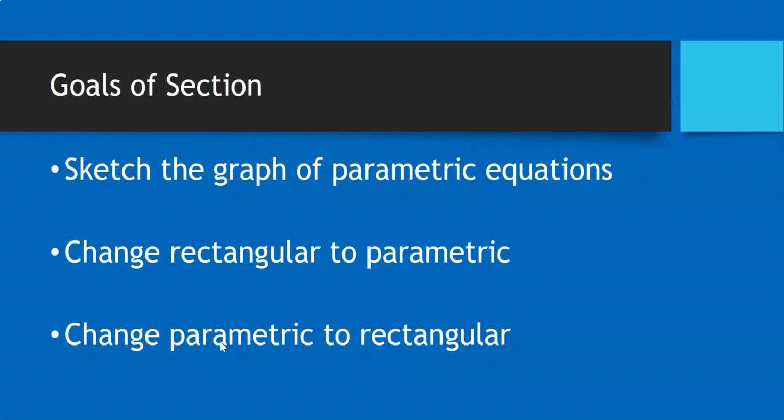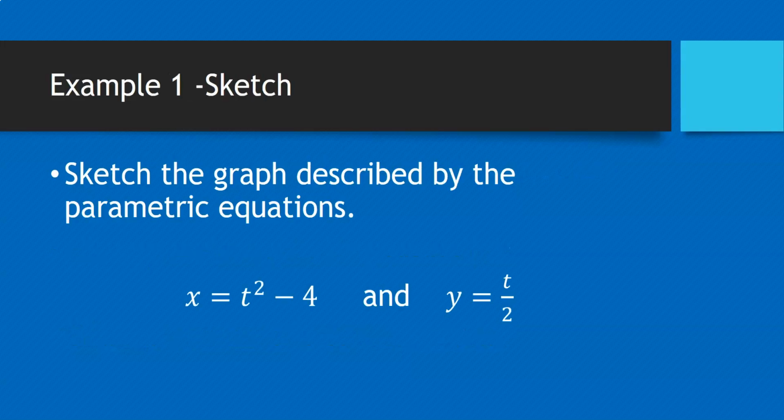And obviously backwards too. All right. And then in the next section, we'll deal with some calculus issues about parametric equations. So let's start by sketching graphs described by parametric equations.